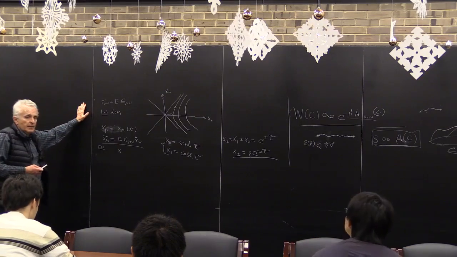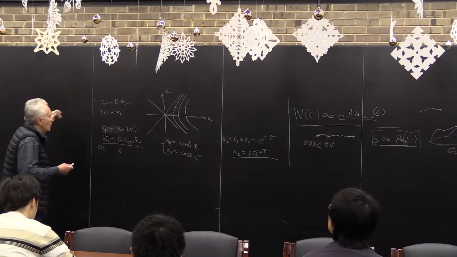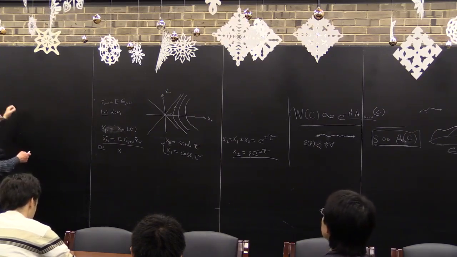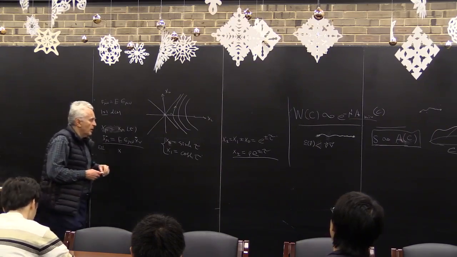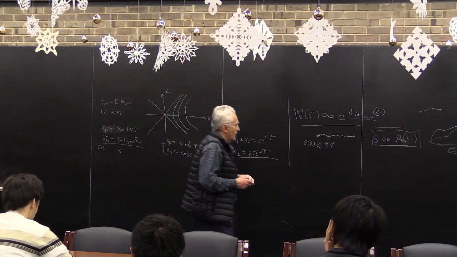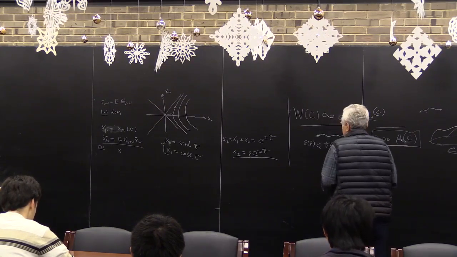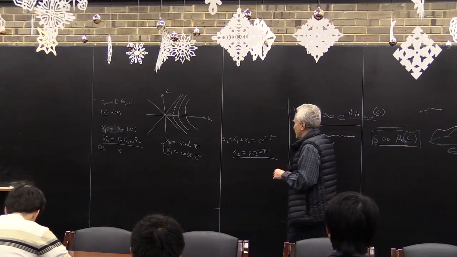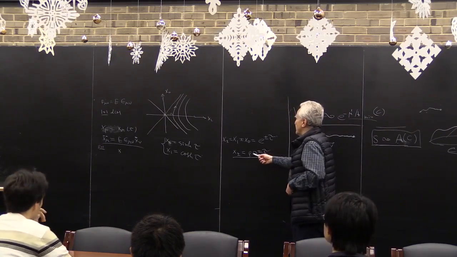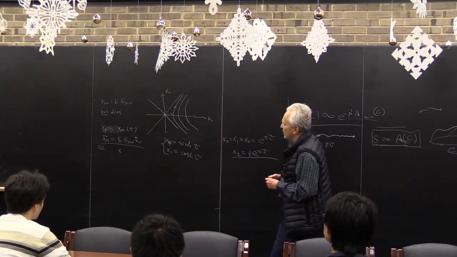So let's write down the metric in these coordinates. Before I write the metric, it should be clear what this coordinate means in the Euclidean space.